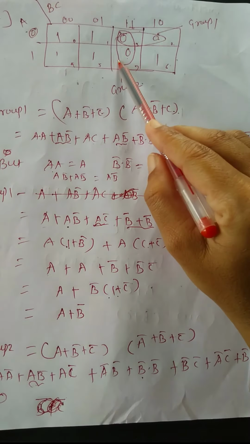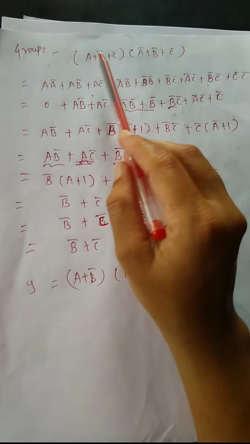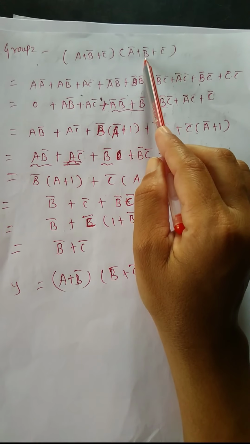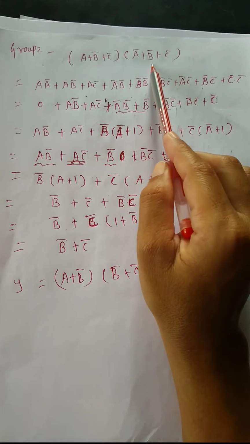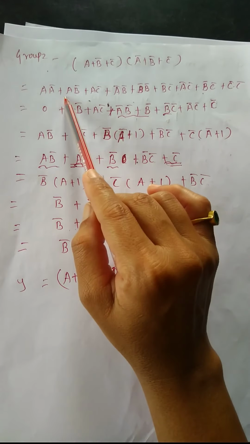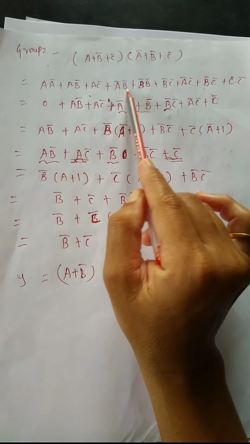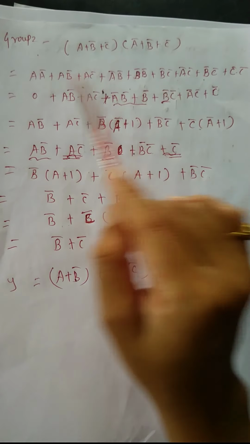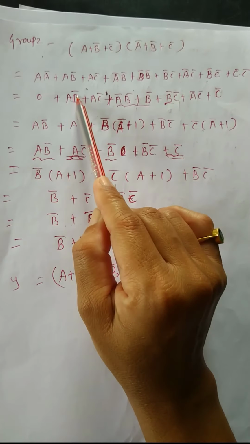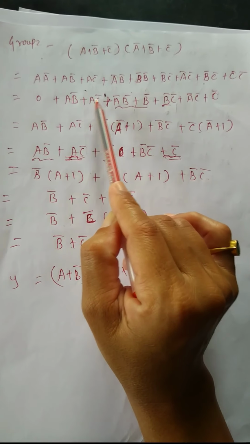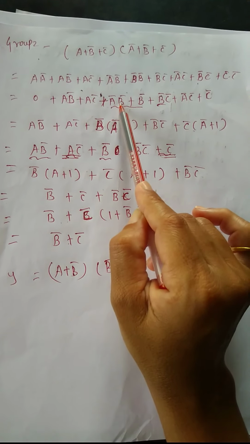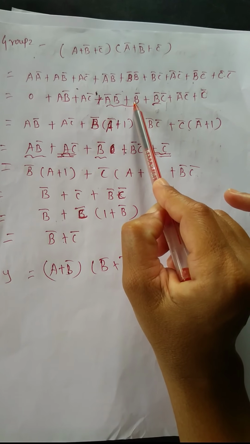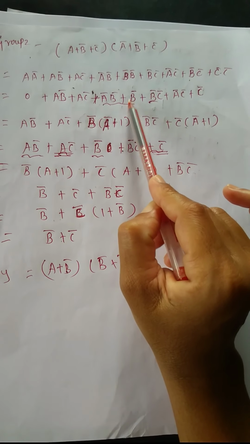This is group 2. For group 2, the equation is a plus b bar plus c bar times a bar plus b bar plus c bar. This is the POS form. After solving the brackets, this is the equation, and for every step you have to use the Boolean laws. a into a bar is 0, plus a b bar, plus a c bar, plus a bar b bar, plus b bar into b bar, which by the law a into a is b bar.